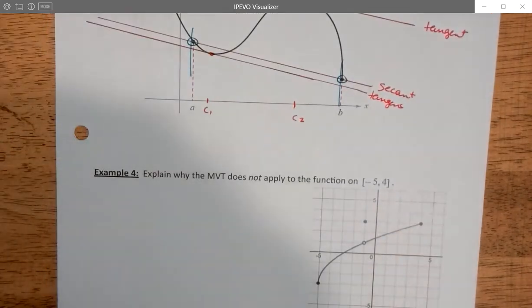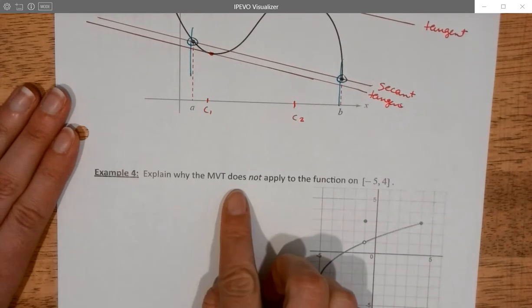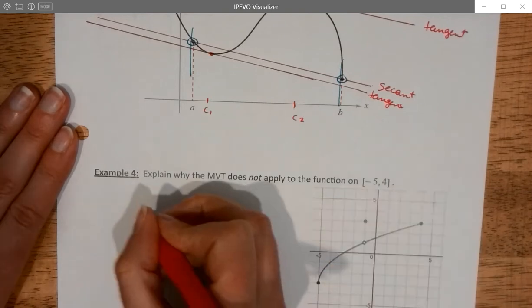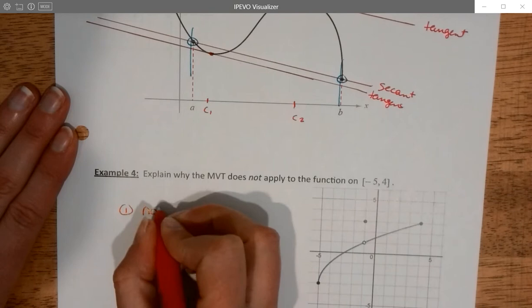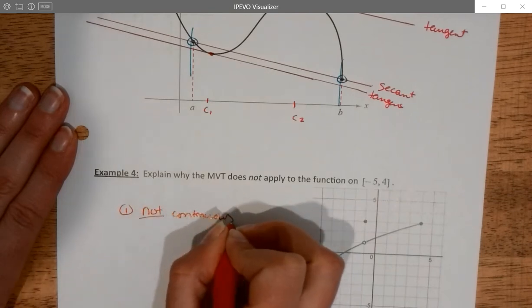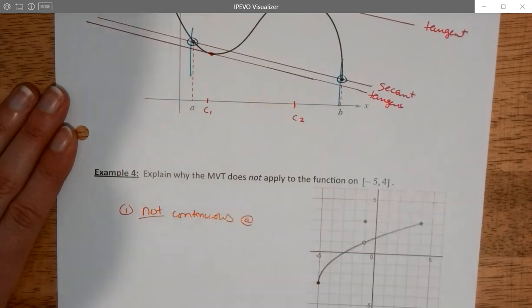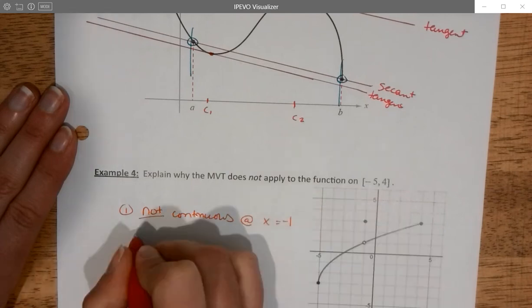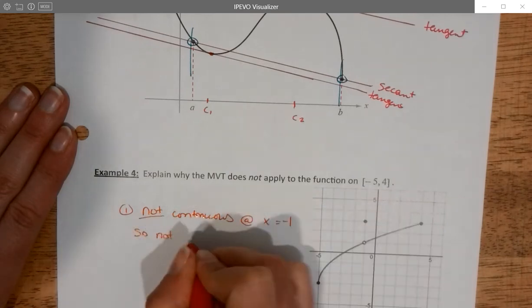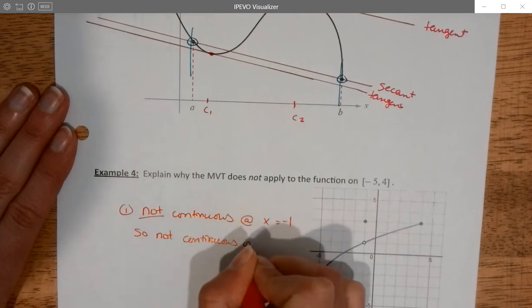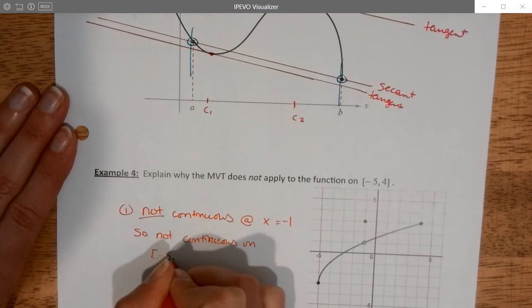In example 4, we wanted to explain why the mean value theorem does not apply to this function. Well, the two conditions of the mean value theorem are continuous and differentiable, and this function fails condition 1. It's not continuous. Not continuous at x equals -1, so not continuous on the interval -5 to 4.